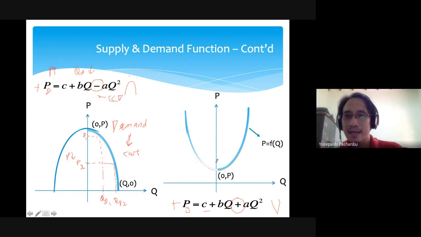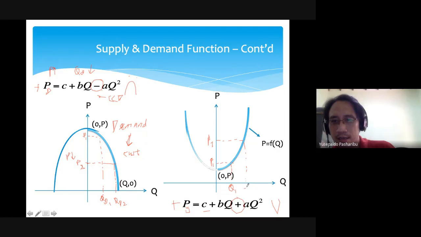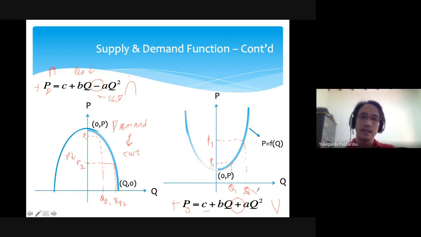See the supply? If the price is at this part, price 1 equals this, then quantity 1 is just this big. If the price is higher, then you see the quantity will be higher or increased too. Quantity 2.